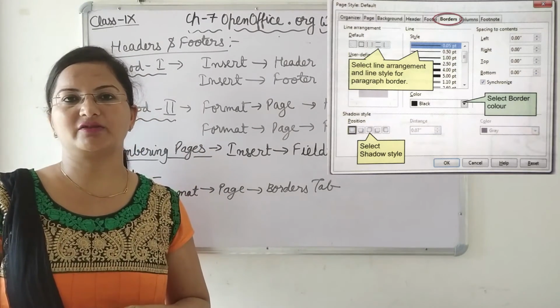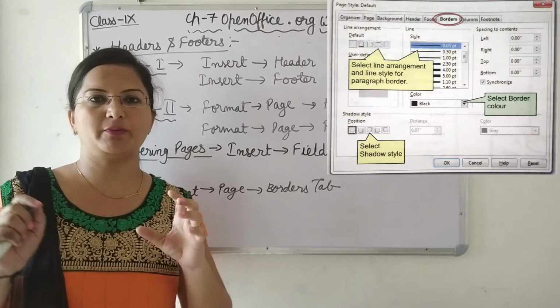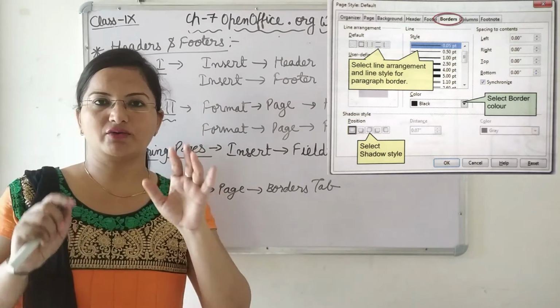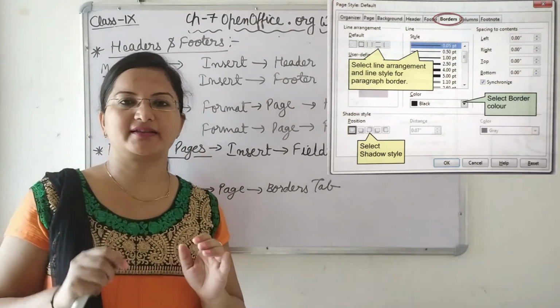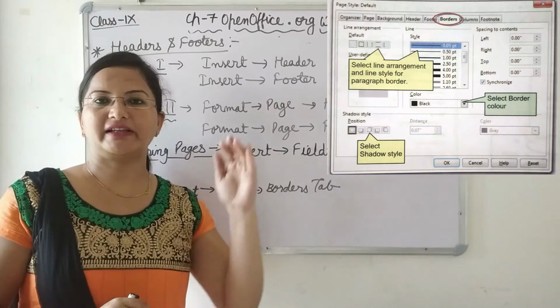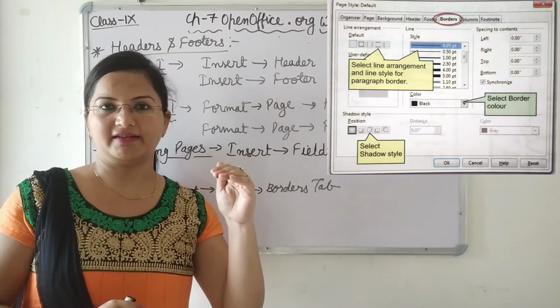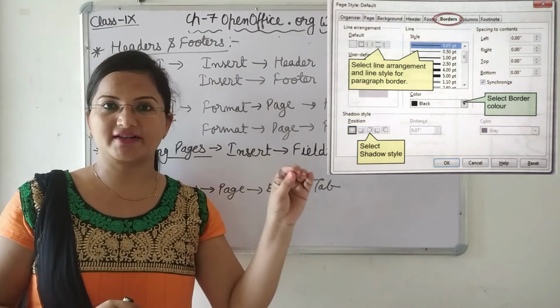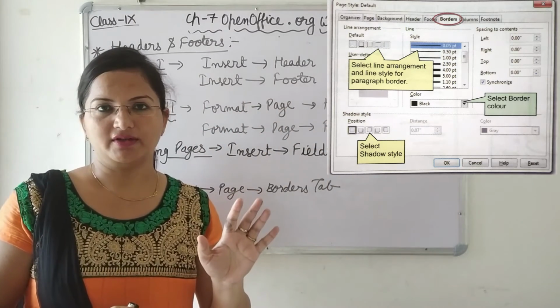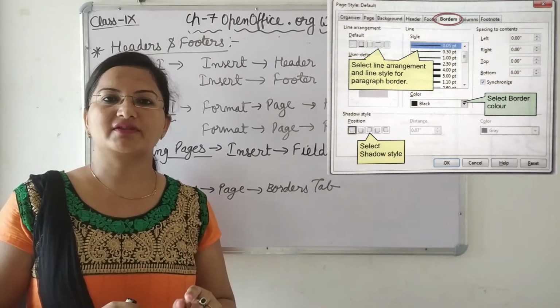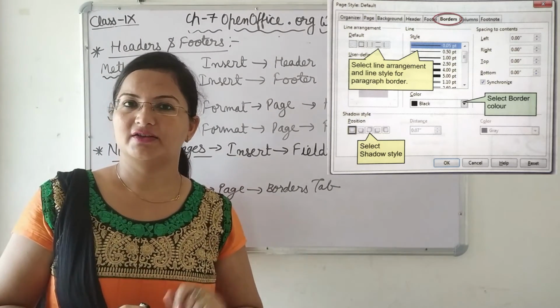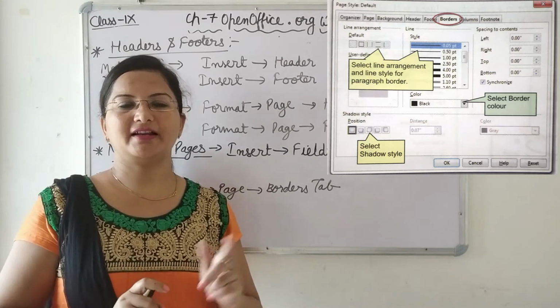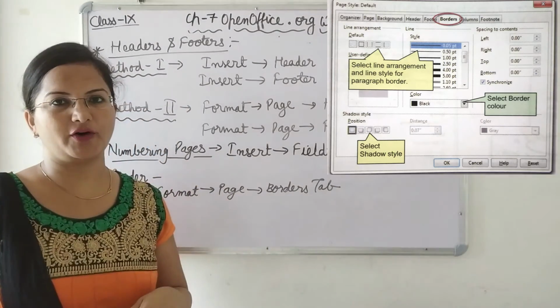First of all, line arrangements, like where you want to put the border: around, or one side only, or all the sides, etc. Then after that you will get the border style, like thin line, dashed line, dotted line, whatever you want in the border, that you can choose. And then after that you will be getting border color. So you can choose the necessary color that you want for your border.